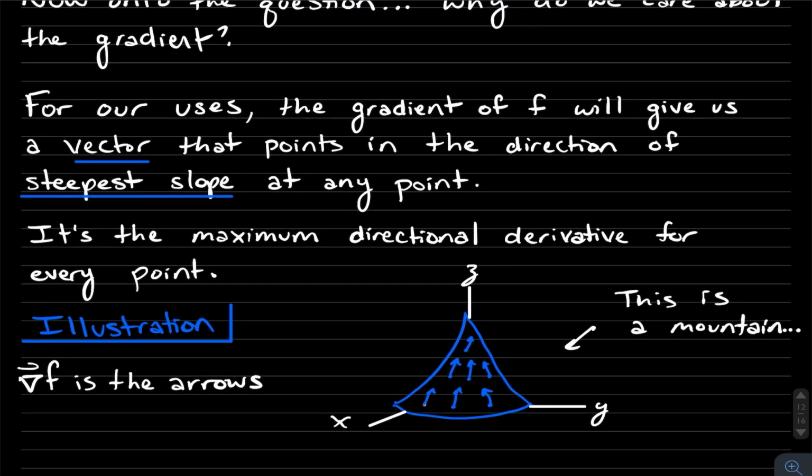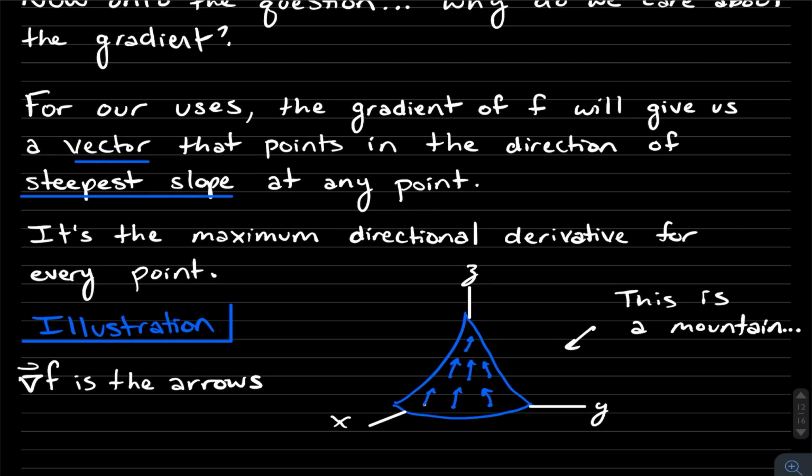An illustration of this: imagine this thing is an extremely well-drawn mountain. We get a bunch of these little vectors in here that point the steepest way up the mountain. It's kind of like the path of most resistance in a way, but not really. It's just saying, at this point, where's the steepest place to go?